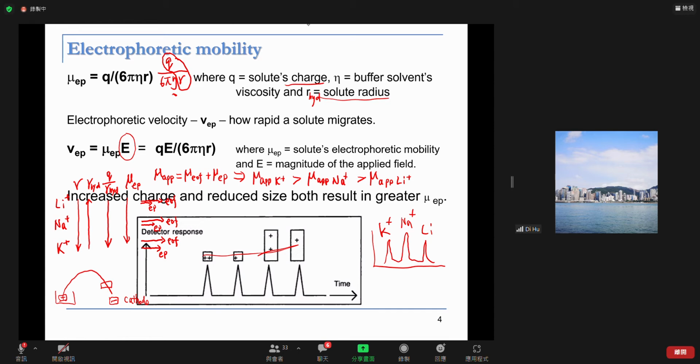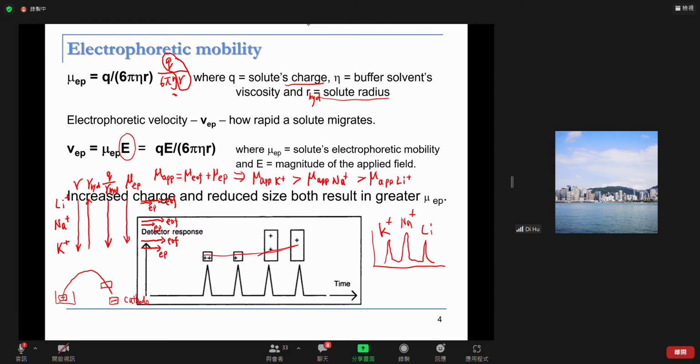Okay, so now another question. We just talked about the cations. Can anyone tell me, how about the anions? Are they coming out before the cations or after the cations? How about those negative ions?